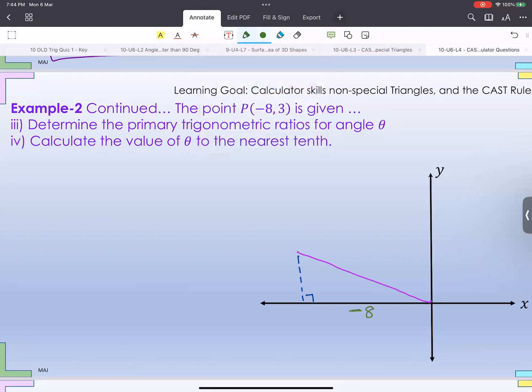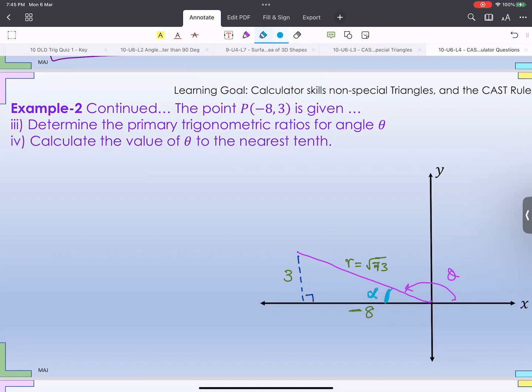So x was negative 8, y value was 3, and r was root 73. We have a decimal value, but since I remember this value, I'm just going to write the exact value, root 73. All right, and this is theta, and this is alpha.